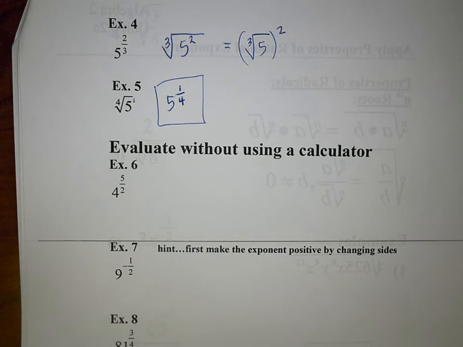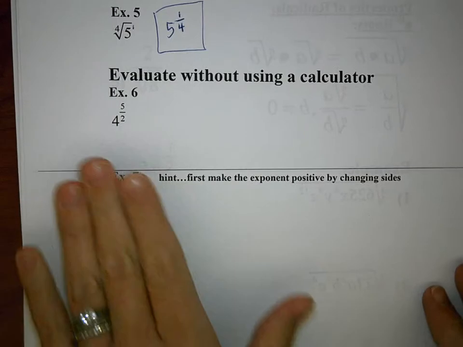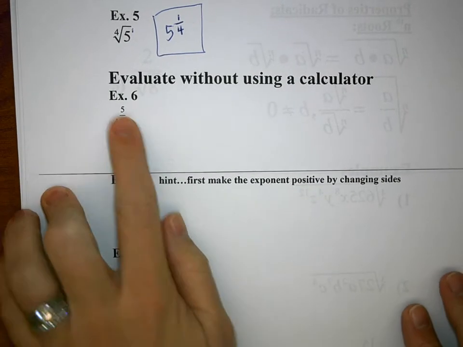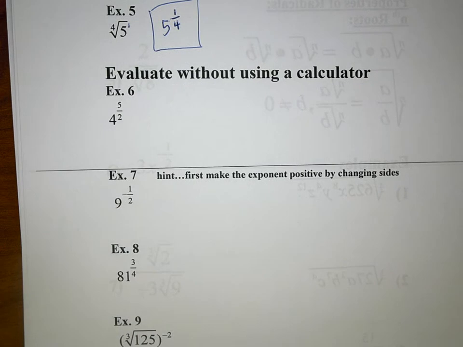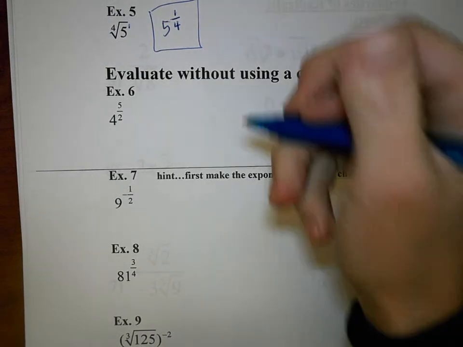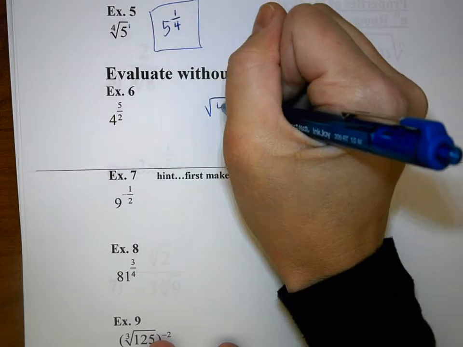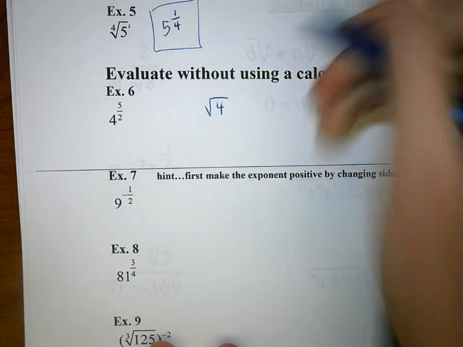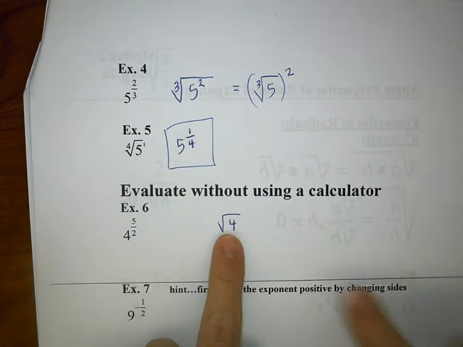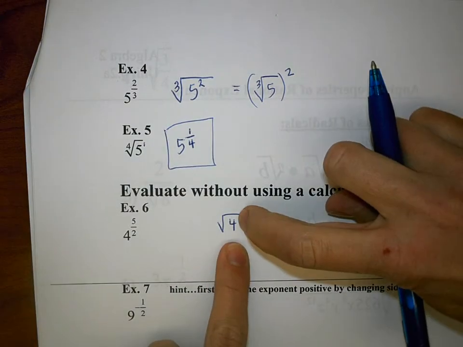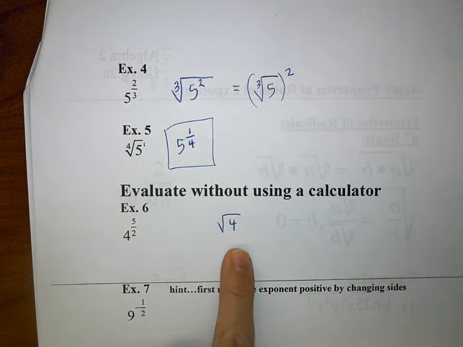These, they want you to evaluate without using a calculator. So you have 4 to the 5/2 power. How will I write this in root form? It's much easier to find the answer when it's written in root form sometimes than exponent form. Good, the square root of 4. And remember how I said you could write this with the 5th power inside or the 5th power on the outside.